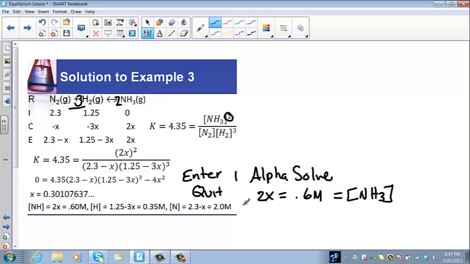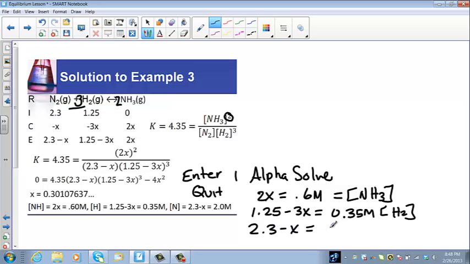Then we can type in 1.25 minus 3x, and hit enter, and it'll tell us 0.35 molar, which is H2. And then we can actually type in 2.3 minus x, and that will tell us 1.99, which is approximately 2 molar for N2.